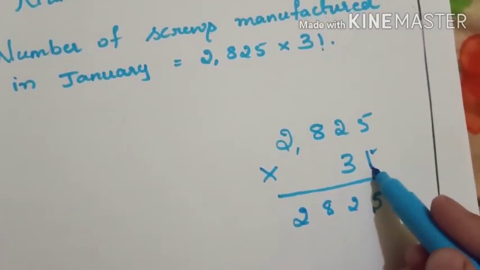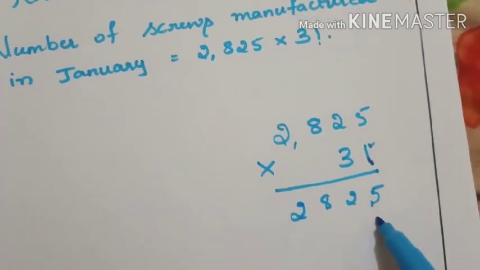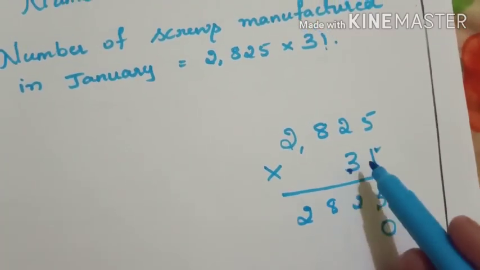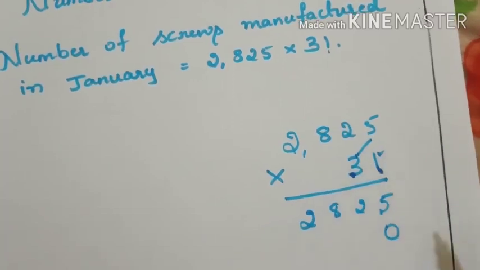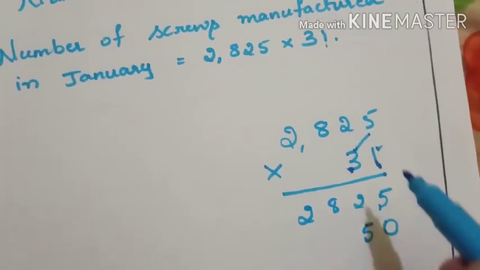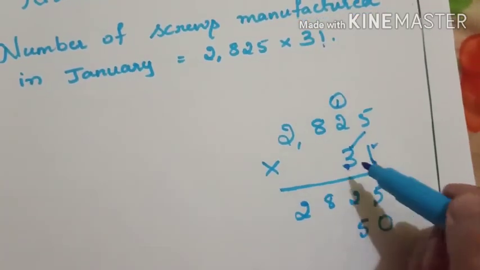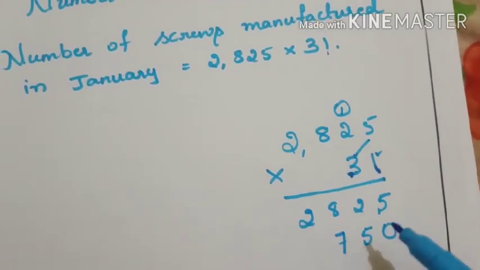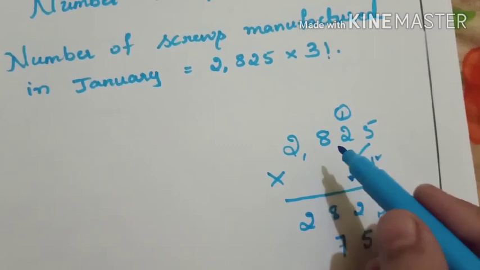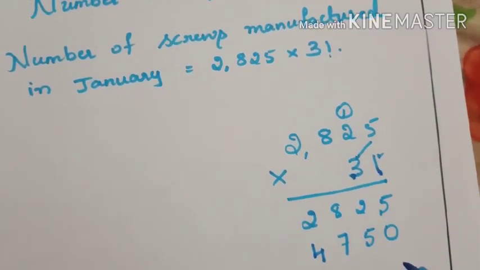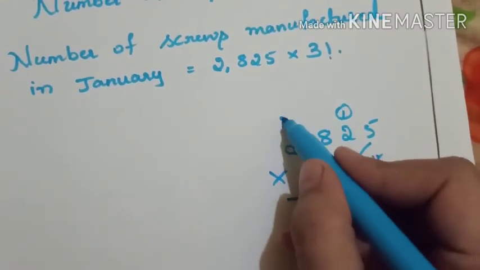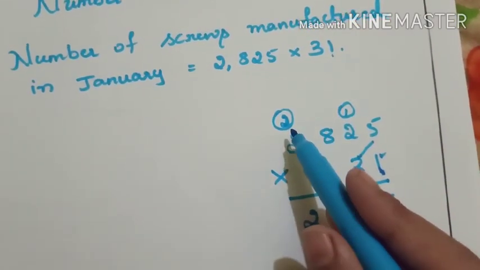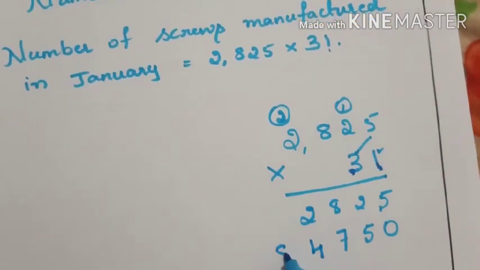After multiplying with the ones place, put 0 in the ones place. Next multiply with tens place. 3 5s are 15, 5, 1 carry to the tens place. 3 2s are 6, 6 plus 1, 7. 3 8s are 24, 4, 2 carry. 3 2s are 6, 6 plus 2, 8.